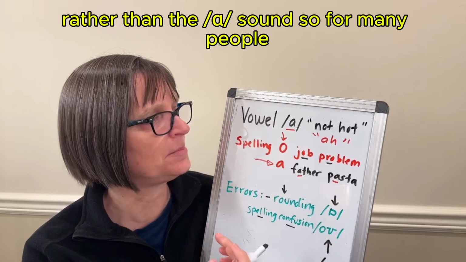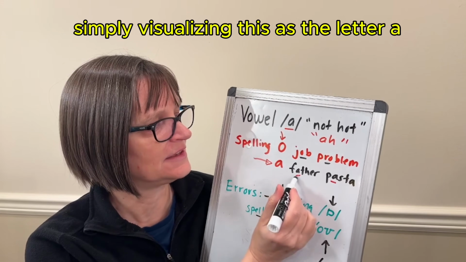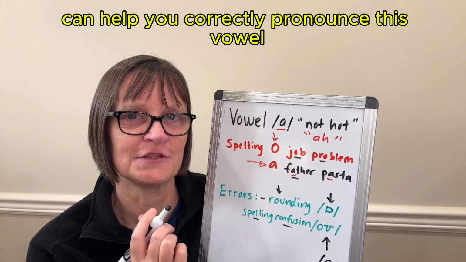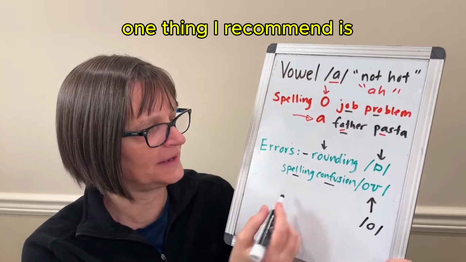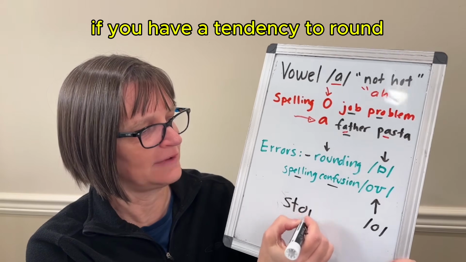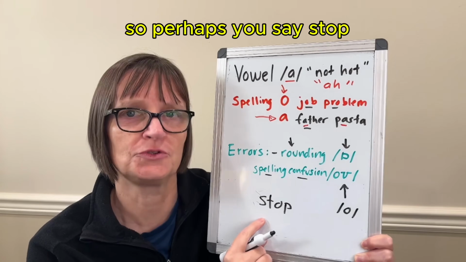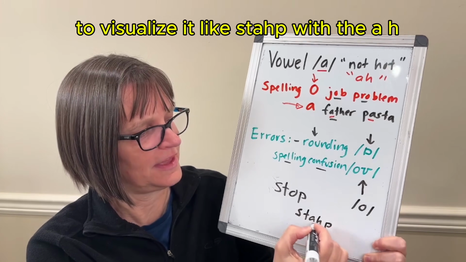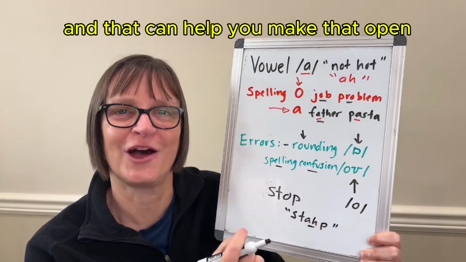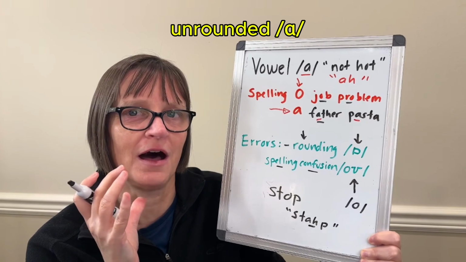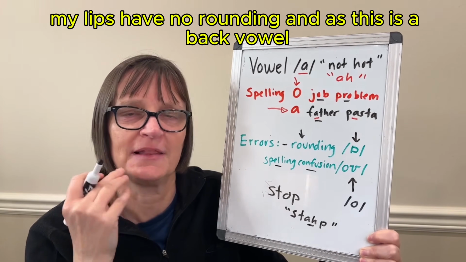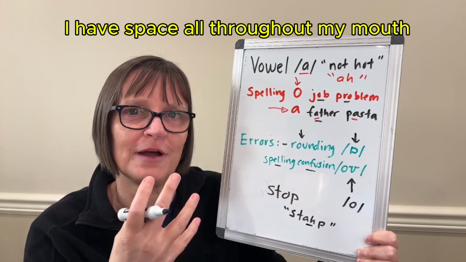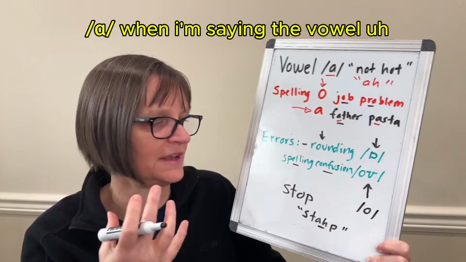So for many people, simply visualizing this as the letter A or the letters AH can help you correctly pronounce this vowel. One thing I recommend is if you have a tendency to round, so perhaps you say stop, to visualize it like stahp with the AH, and that can help you make that open, unrounded ah. My tongue is all the way down, my lips have no rounding, and as this is a back vowel, I have space all throughout my mouth when I'm saying the vowel.